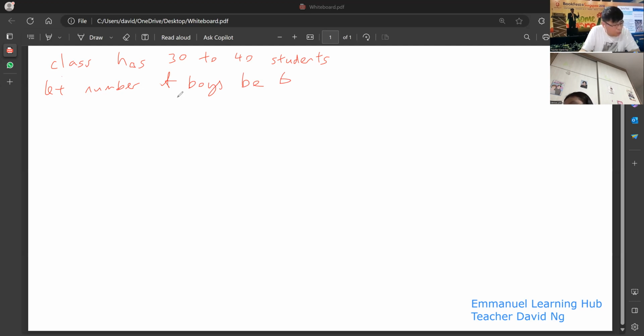B is the number of boys. So they say each boy brings 15 chocolate bars to the class party, right? So the total number of chocolate bars available is 15B. Agree? You agree 15B? Yes. Then the number of girls is 20.